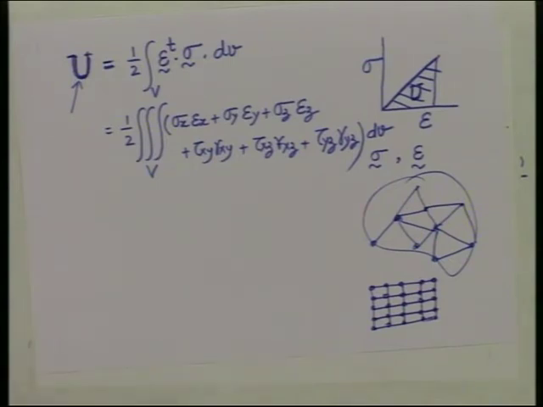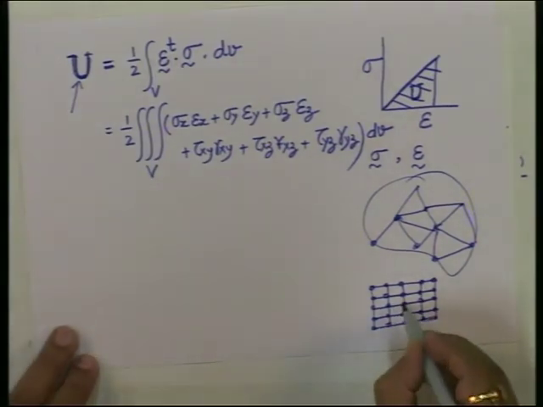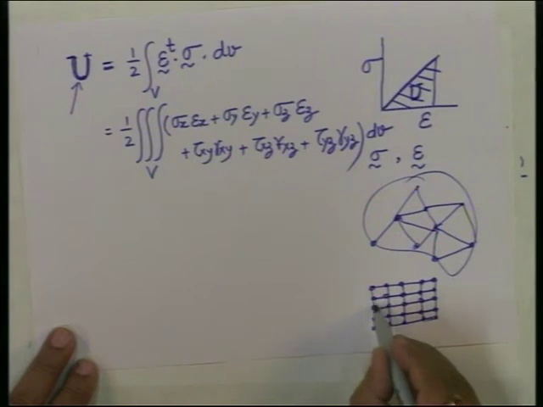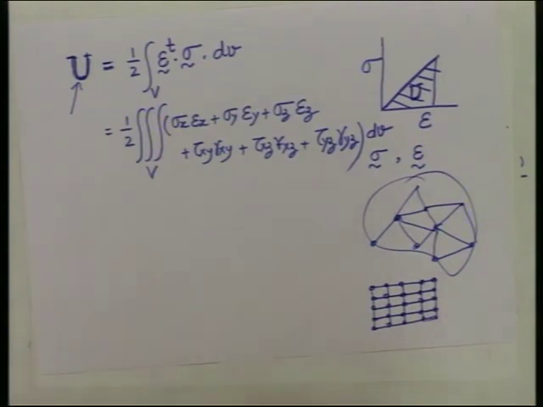The same principle is applied here also. So, let us find out the strain energy expression for one element, because if you can do it for one element, you can also do it for the entire body by summation. Strain energy in one element, then sum over all the elements, that will be the total strain energy. It is a simple algebraic sum.